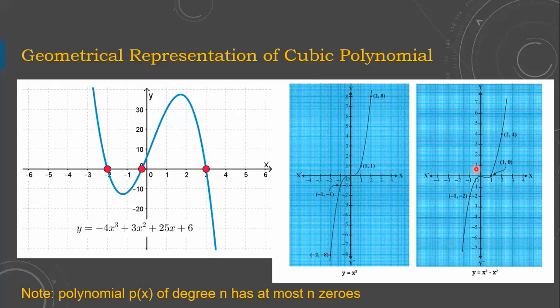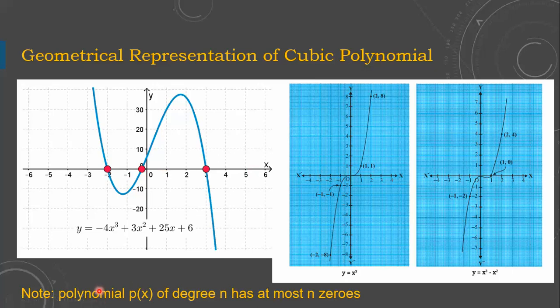Okay, here see, this graph cuts the x-axis in only one point, that is 1. So we can say this has 1 zero. So this polynomial has only 1 zero. This polynomial has 3 zeros.